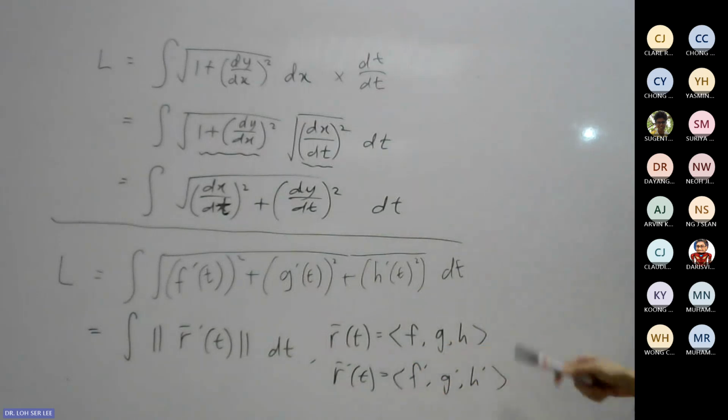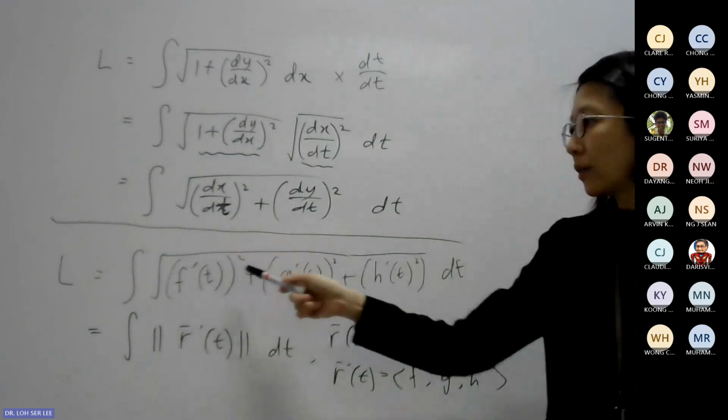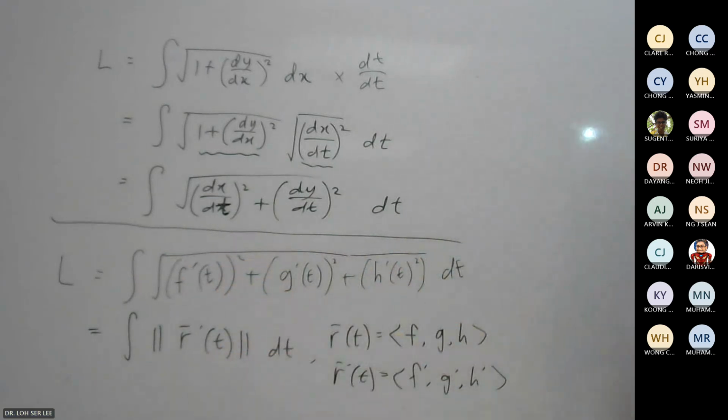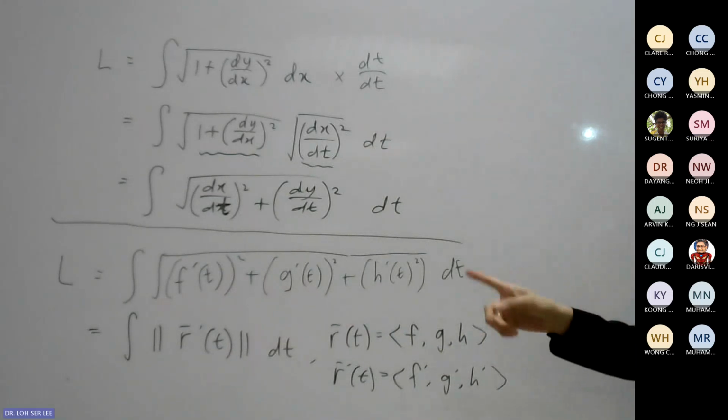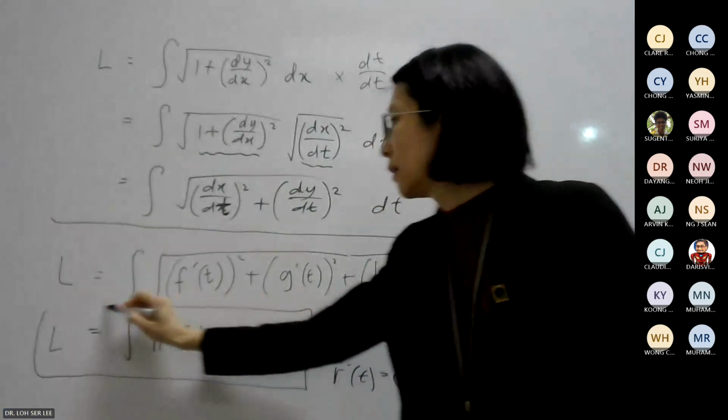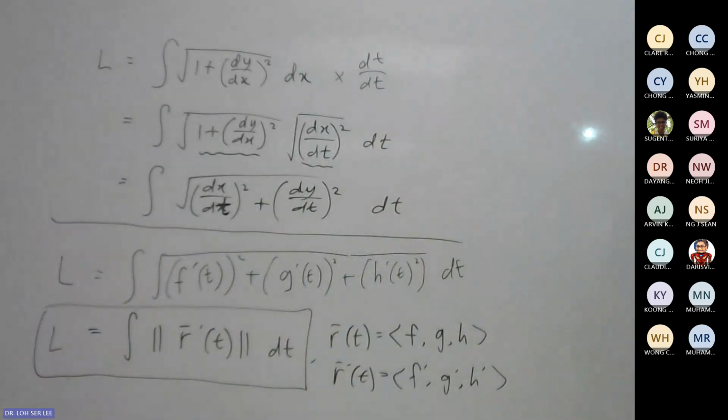So when we find the magnitude, we square each of the component functions and sum them up in the square root. So this is actually the magnitude of r prime. So we will use this formula to compute the arc length.